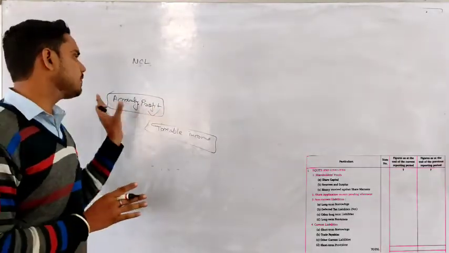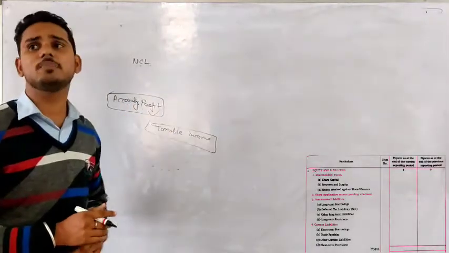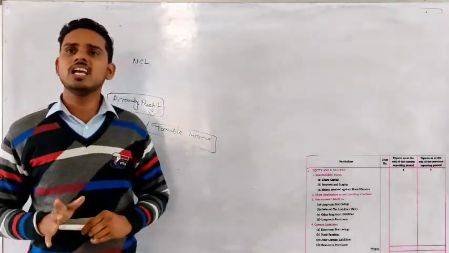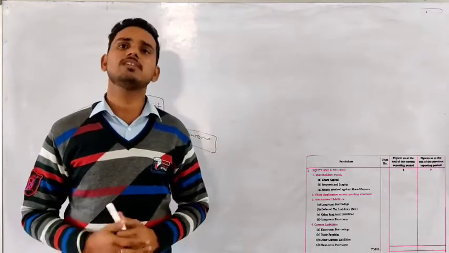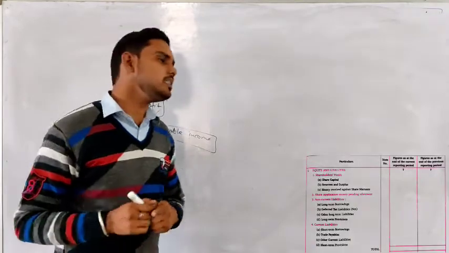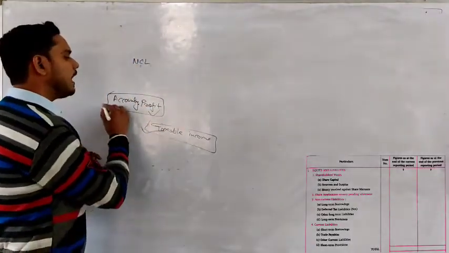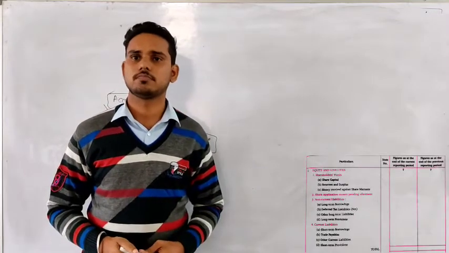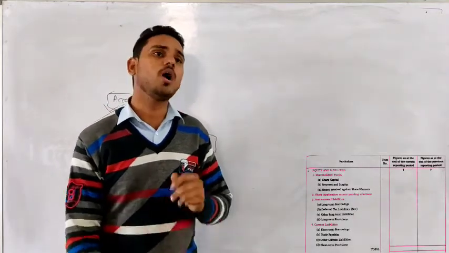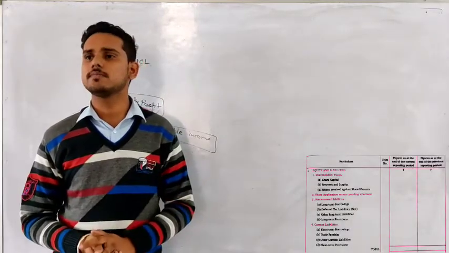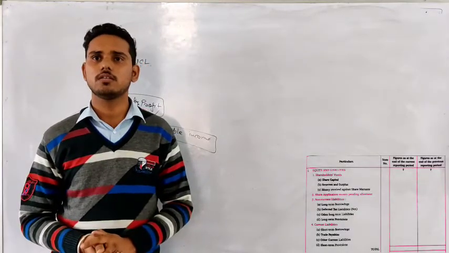So we have two things. One is accounting income, the other is taxable income. Now what is taxable income? Taxable income means income on which tax will be calculated. The thing here is that taxable income can be different from accounting profit. See, how did you get the profit? You deducted all the expenses from your sales, right?